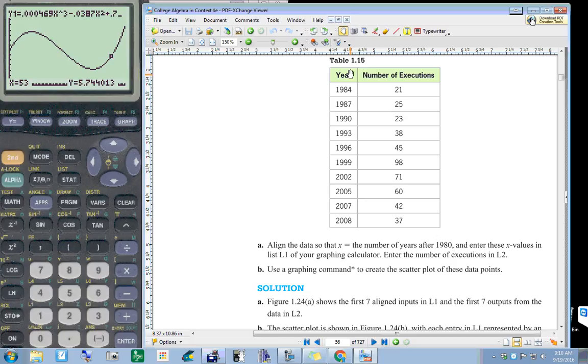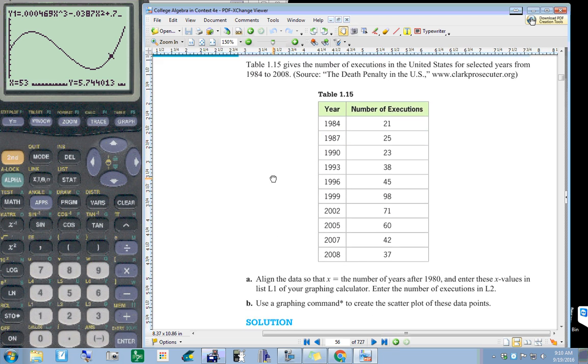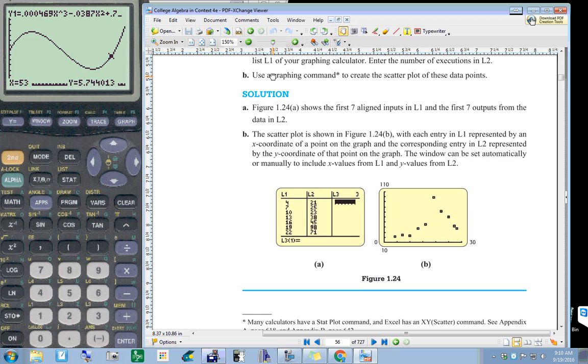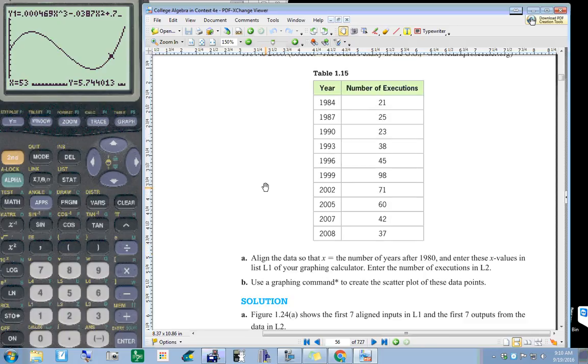Now, so what we're going to do here is I'm going to show you another way that you can deal with these points.